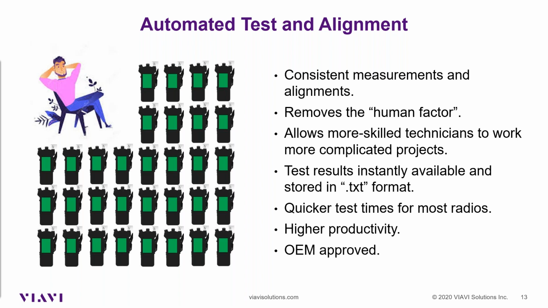Having that OEM approval of that automated script does the same thing for a technician, to be able to go back to their customer and say, not only did we test it, but this is the way the OEM wants it tested, and if the OEM has approved that, then it does what the OEM wants it to do. So when you go to your customer and say, I'm aligning these radios, you can say, I'm doing it correctly because the OEM said so.